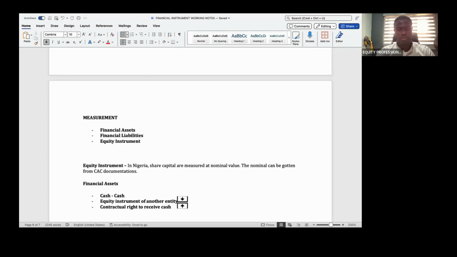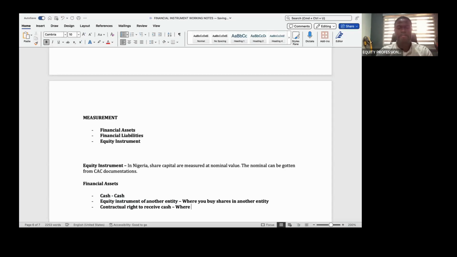The second one, equity instrument of another entity. This is where you buy shares in another company, in another entity. How do you measure that? And contractual right to receive cash.